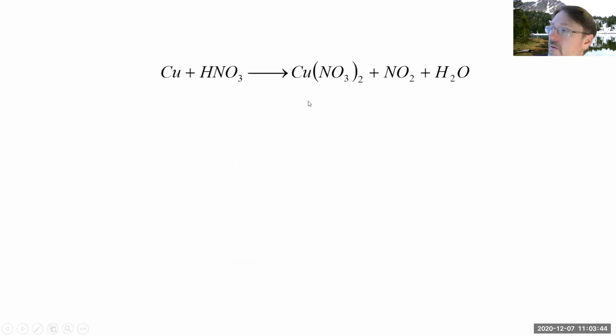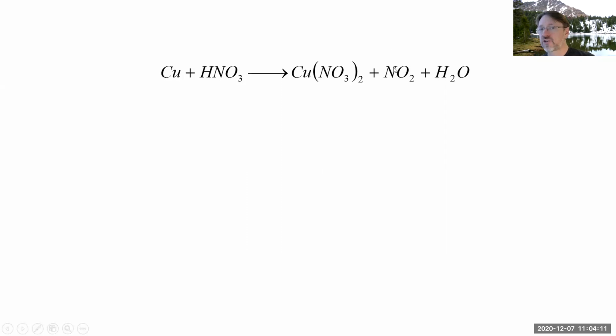Okay. One of the important things to learn how to do with a redox reaction is how to balance the equation. Now, this is trickier than most of the balancing of equations that you've seen so far. In this case, notice that it's particularly difficult because we have nitrogen only in one place on the left-hand side.